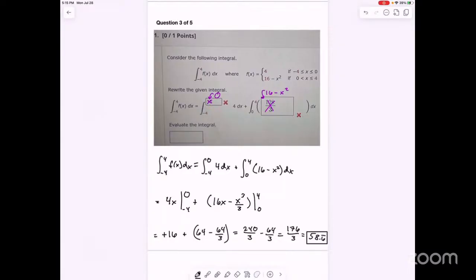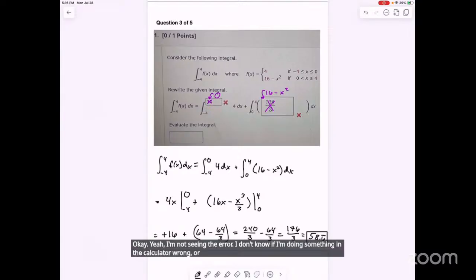It's been moved up by 16. Okay. Yeah, I'm not seeing the error. I don't know if I'm doing something in the calculator wrong or if there's some concept that I'm missing.